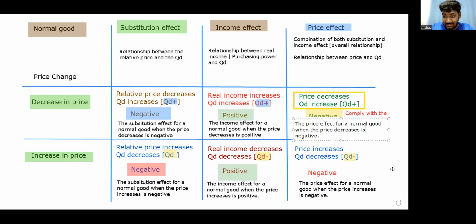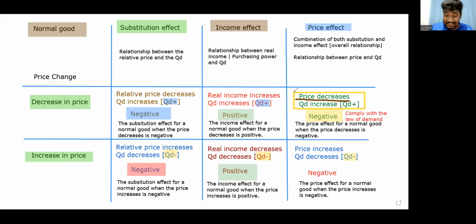Why is QD plus in the second column on the price? So overall, when the price decreases, what happens to quantity demanded? Quantity demanded increases.